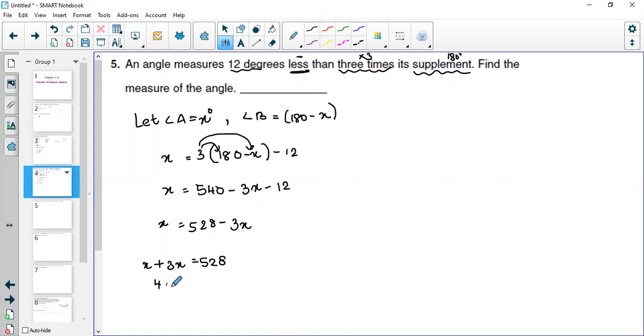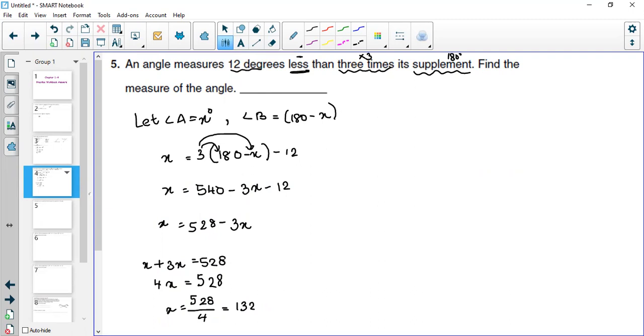And 4x equals 528. x is going to be equal to 528 divided by 4. So that's going to give you x is equal to 132. So the value of x is going to be 132.